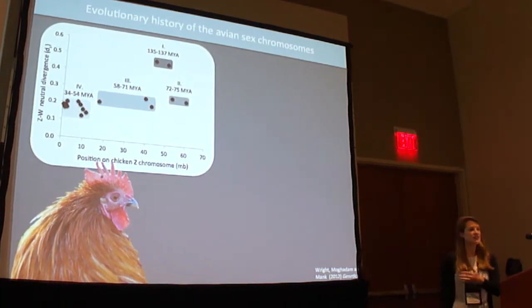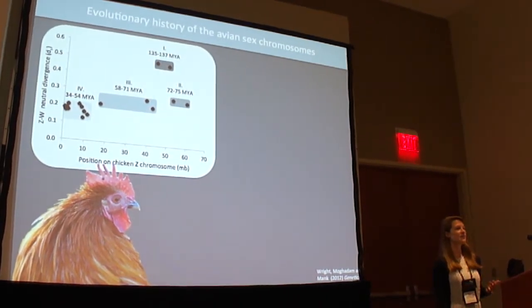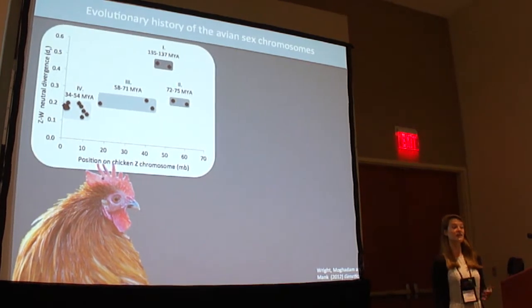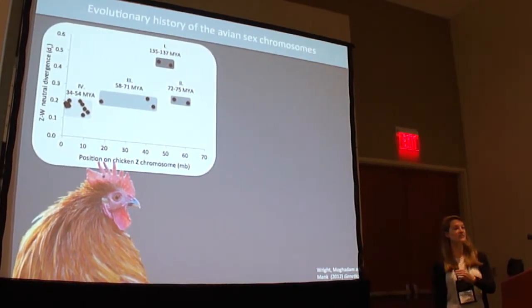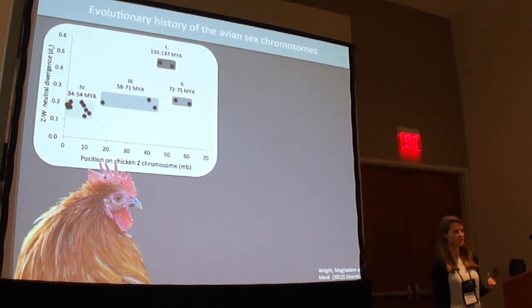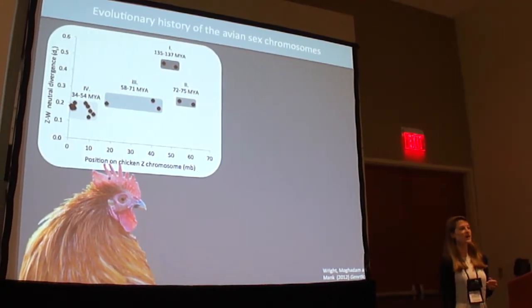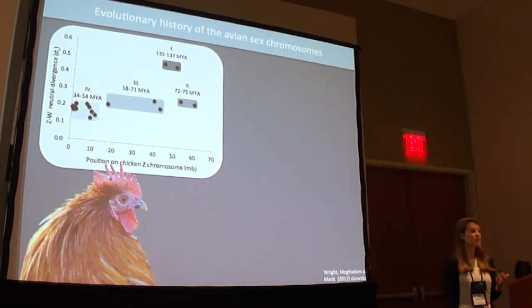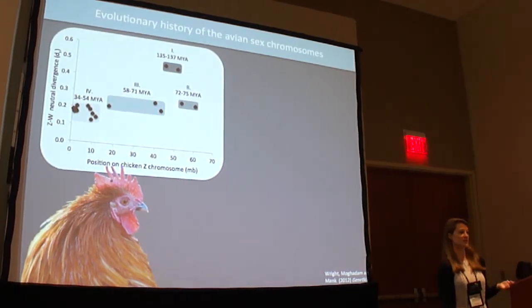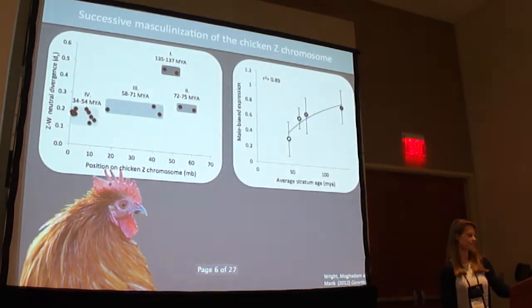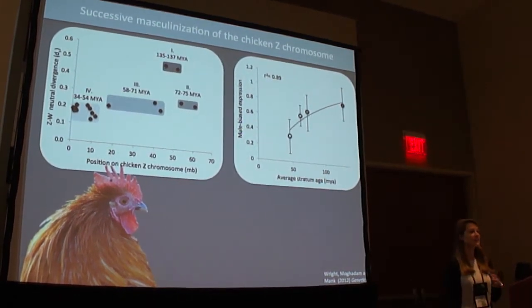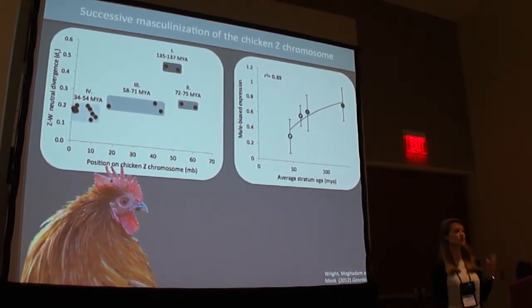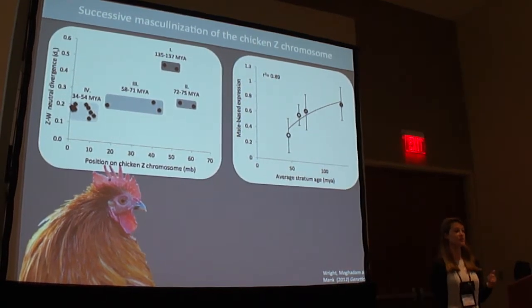So we can actually use this evolutionary history to examine the selective regime that's driving the evolution of the Z chromosome by comparing patterns of sex-biased expression across these 4 regions. And I was able to do that using transcriptomic data from male and female chickens. So this is average male-biased expression calculated for all genes within each of the 4 strata plotted against the age of the region.